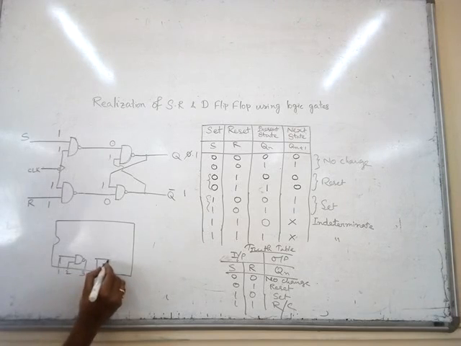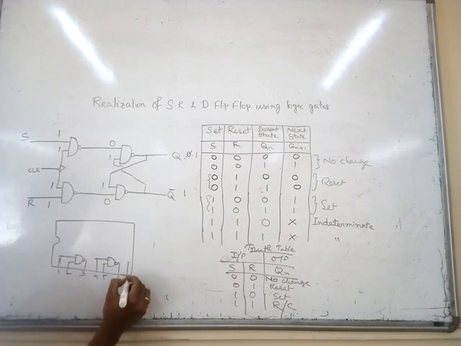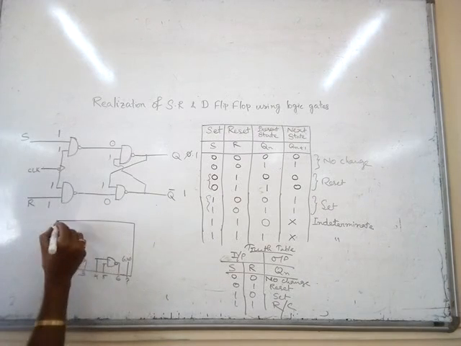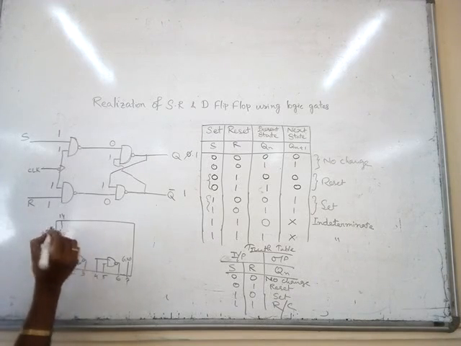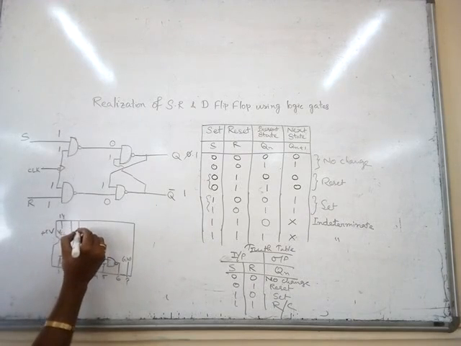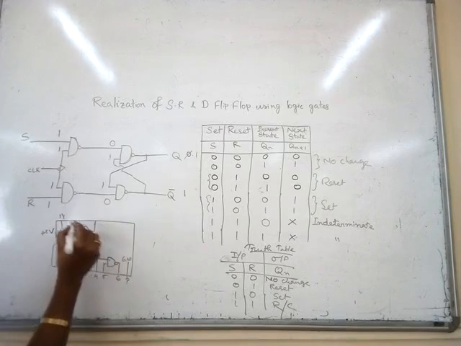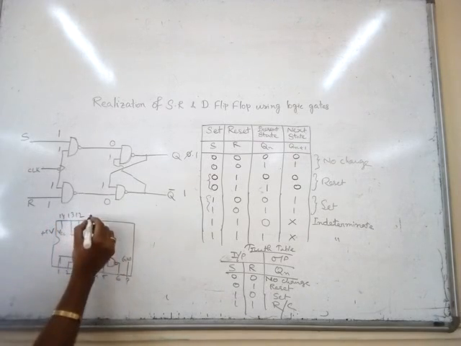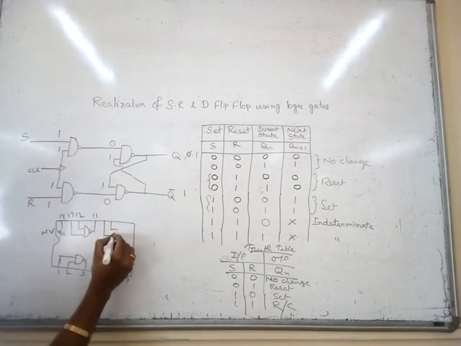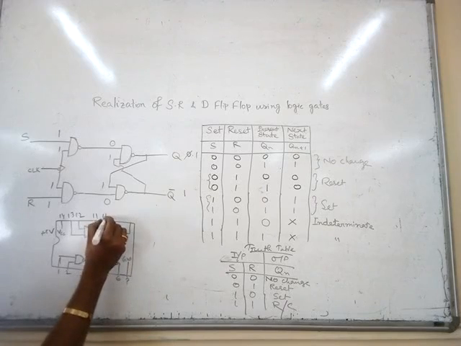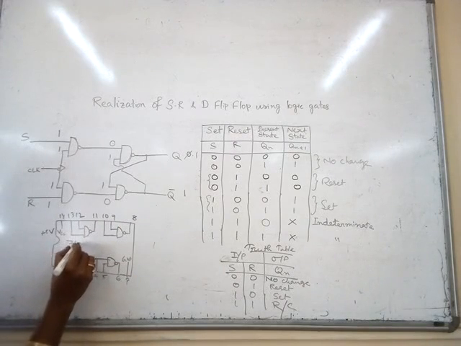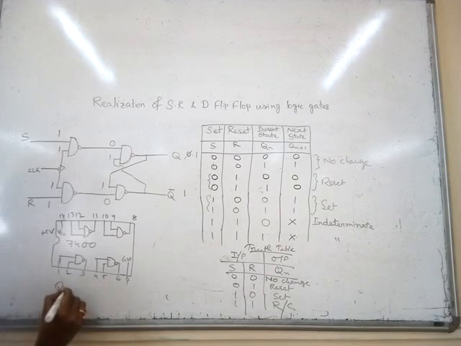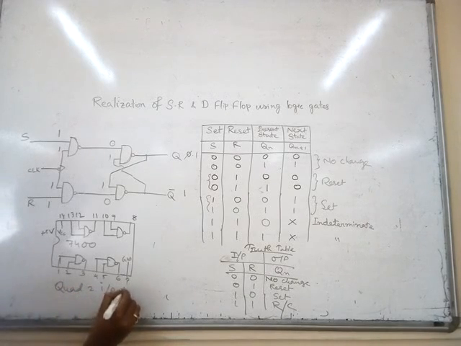Next, 4, 5 input, 6 output, 7 for ground, 14 for VCC, that is plus 5 volt. Next 13, 12 are input, 11 output, 10, 9 are the inputs, 8 output. The IC number is 7400. It is quad 2 input NAND.